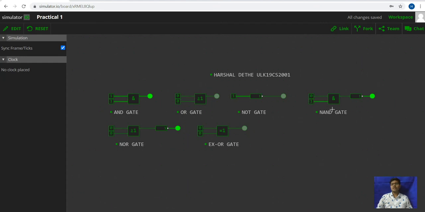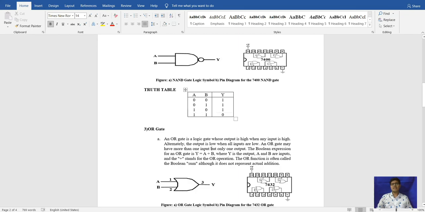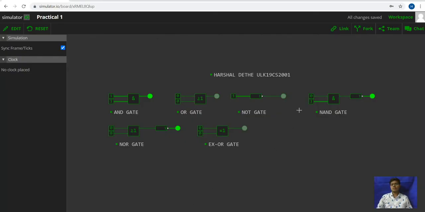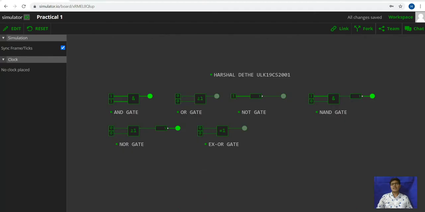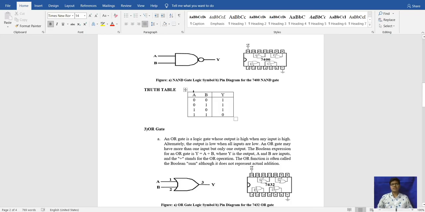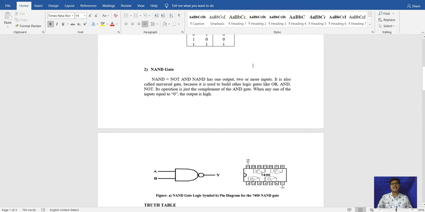Still the light is on. Again we check 1 into 0, still the light is on. Again when we check 1, 1, it will turn off the light. Here the light is off. So this is the NAND gate.